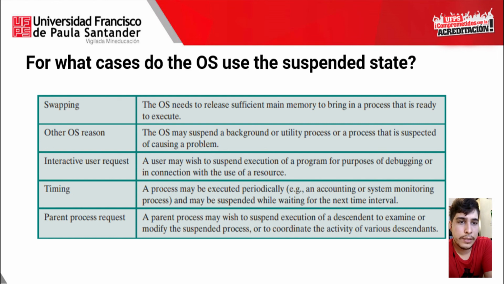The third is timing, when a process may be executed periodically and may be suspended while waiting for the next time interval. The fourth case is parent process request, when a parent process may wish to suspend execution of a descendant to examine or modify the suspended process, or coordinate the activity of various descendants.